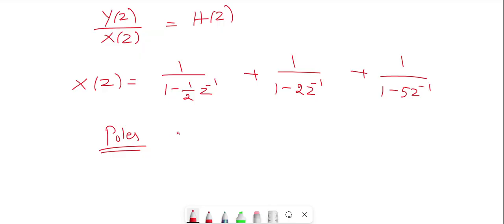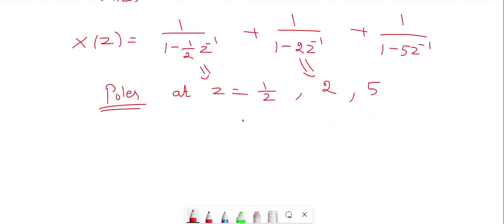The poles are at z equal to 1 by 2, z equal to 2, and 5. Now, how do you define the ROC for these poles?